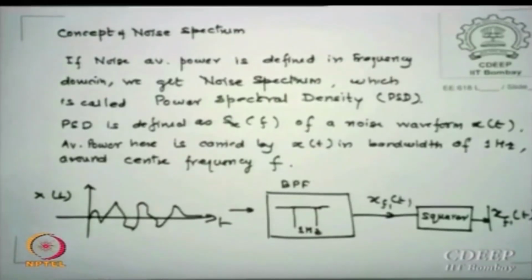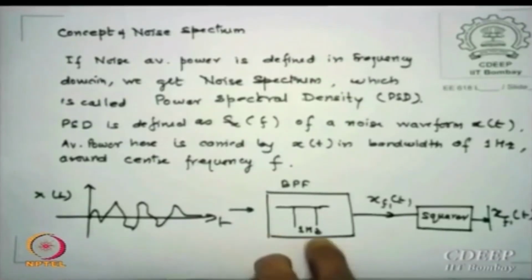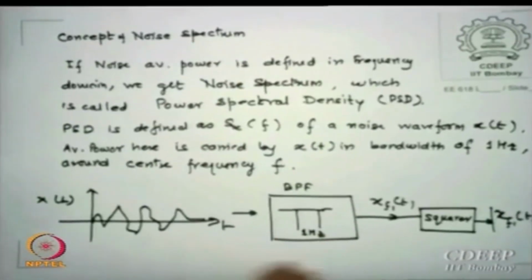The average power carried by x(t): let us say I have a noise which I pass through a band pass filter whose bandwidth is 1 hertz. If I pass it through and square it, I get Xf1(t) square, and what is the range of frequency I use?